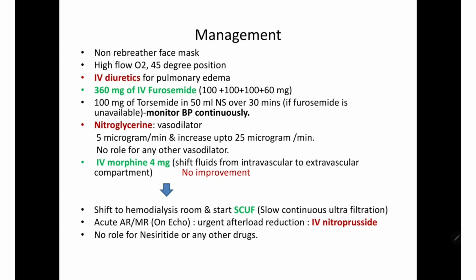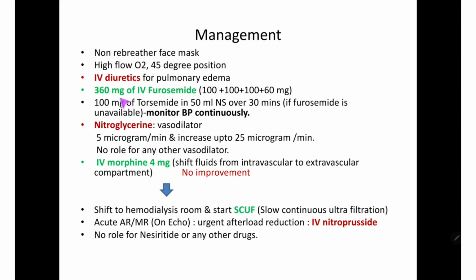For this patient, once we know the patient is in this situation, first of all we have to give a non-rebreather face mask with high-flow oxygen and make the patient sit in a 45-degree position. Then the first thing we do is IV diuretics for the pulmonary edema, and it's not like just 30 or 60 milligrams of diuretics works.